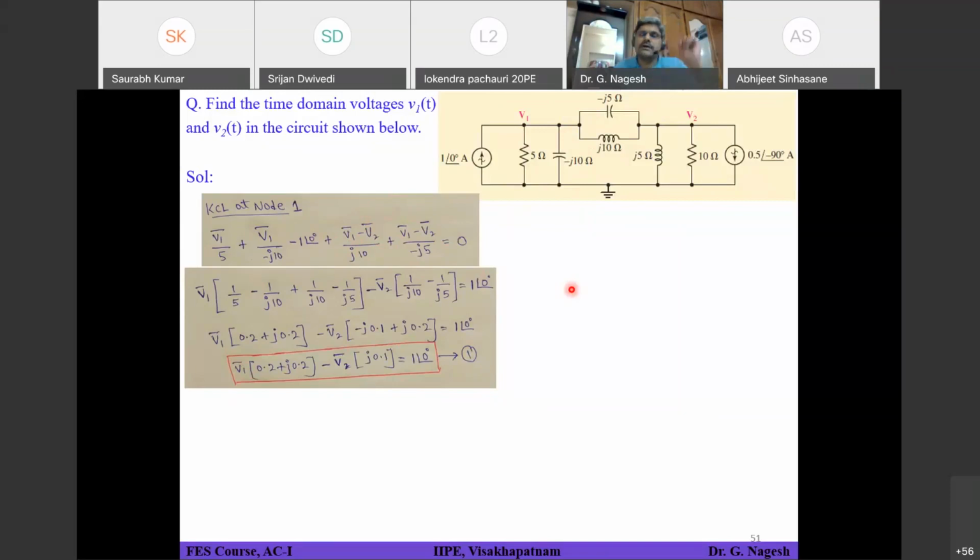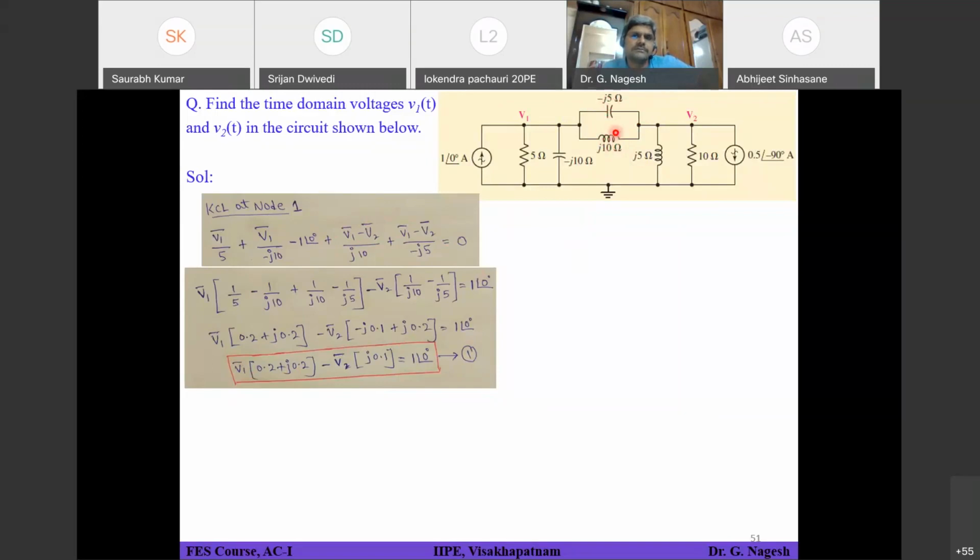Okay, let's see what the net impedance is here. So what is the parallel combination? Minus j5 into plus j10 divided by minus j5 plus j10. So the denominator will be plus j5, and the numerator will be j square becomes minus of minus, so it will become plus.